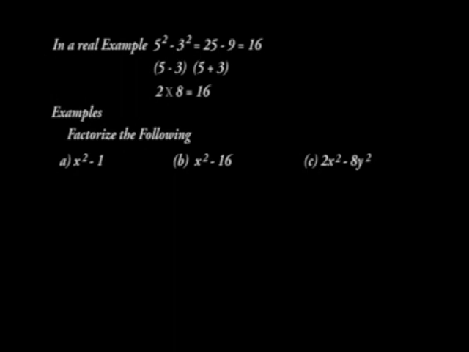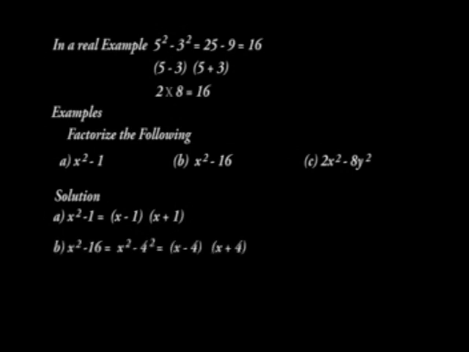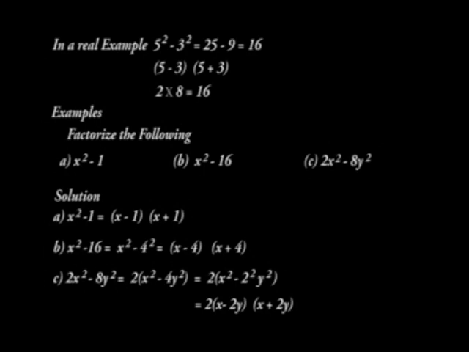In our solution, x squared minus 1 is equal to x minus 1 times x plus 1. b, x squared minus 16 is equal to x squared minus 4 squared, which is x minus 4 times x plus 4. c, 2x squared minus 8y squared is equal to 2 into x squared minus 4y squared, which is 2 into x squared minus 2 squared y squared, giving us 2 into x minus 2y times x plus 2y.